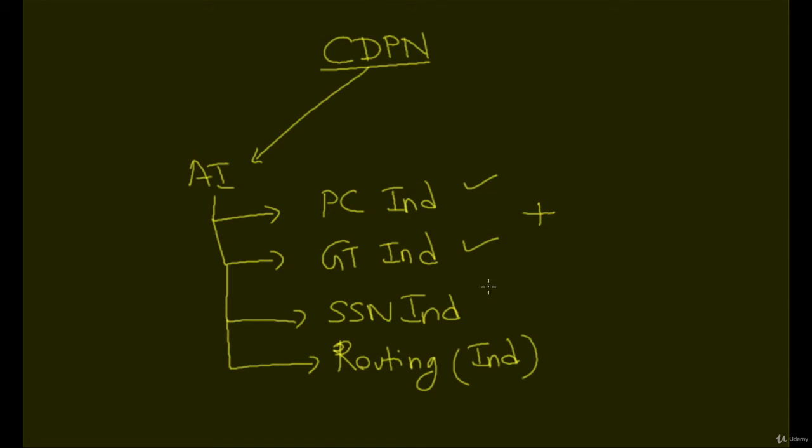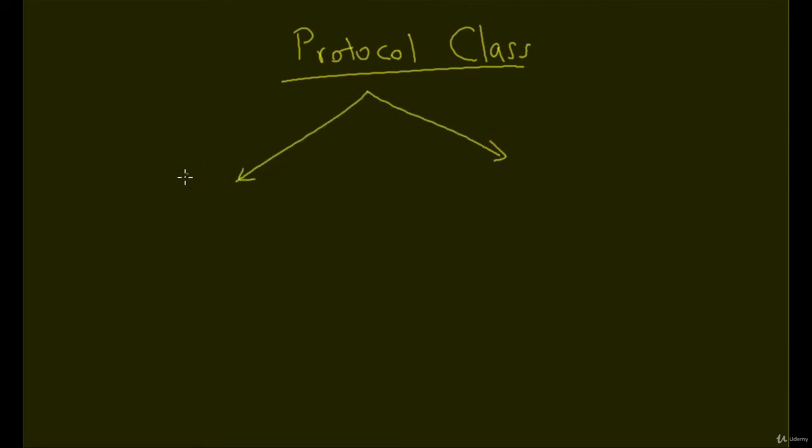Then there is a protocol class which is used in all the unit data messages. Protocol class is basically, you can say there are four classes in SCCP message. Okay, four classes. First one is for the connectionless services.